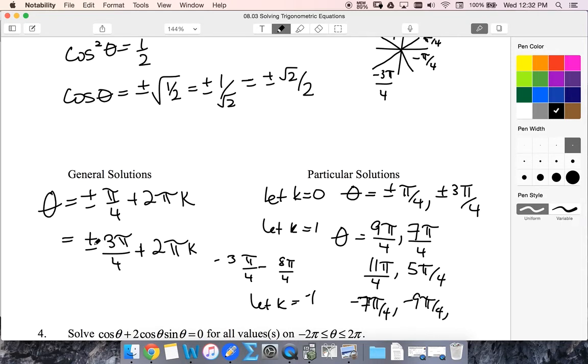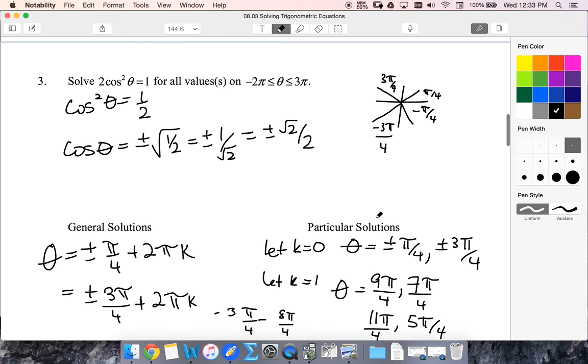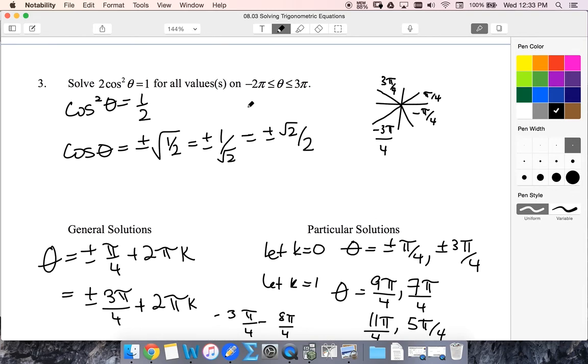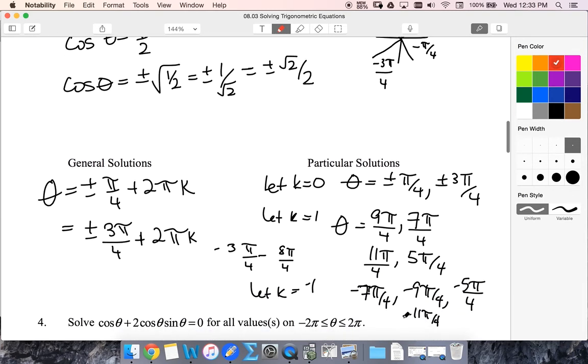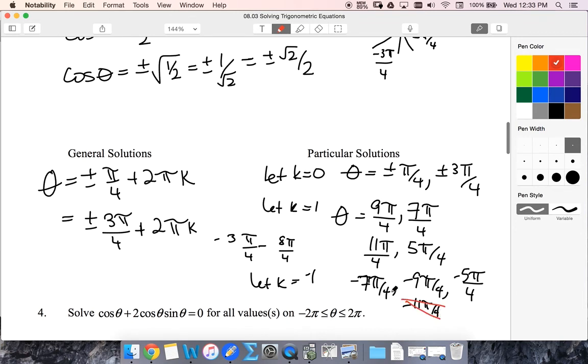I've got 3 pi over 4 minus 8 pi over 4, negative 5 pi over 4. I've got negative 3 pi over 4 minus 8 pi over 4, negative 11 pi over 4. Now this one is greater than negative 2 pi in magnitude, so this one is no longer in our domain.